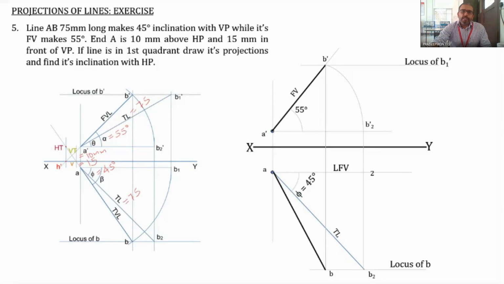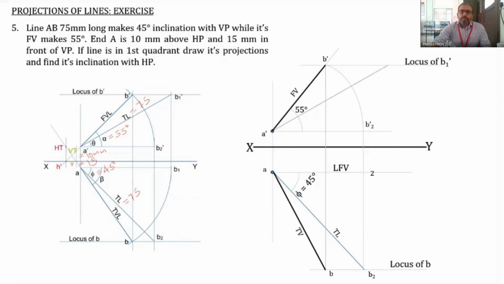Now in order to get the true inclination with the HP, we have to find out B1 dash. If you get B1 dash and the true length in the front view, then from that particular figure you can find out the angle theta. The value of theta will be found out.